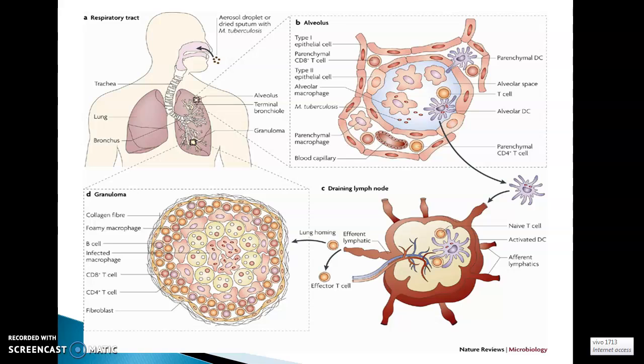They kill the Mycobacterium tuberculosis by utilizing the maximum oxygen inside this granuloma, and the highly aerobic Mycobacterium tuberculosis gets killed because of this anaerobic condition. That's all today.